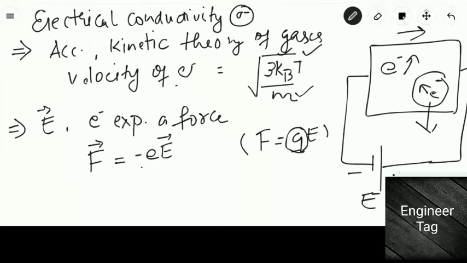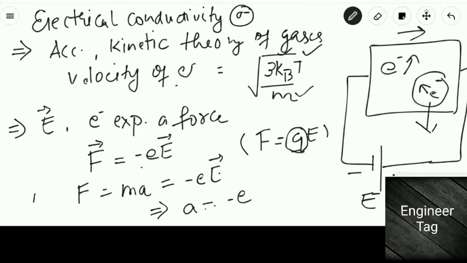Also we know that F is equal to ma according to Newton's second law. So equating these two, we can find out the value of acceleration. That is, acceleration will be minus e into electric field over m.